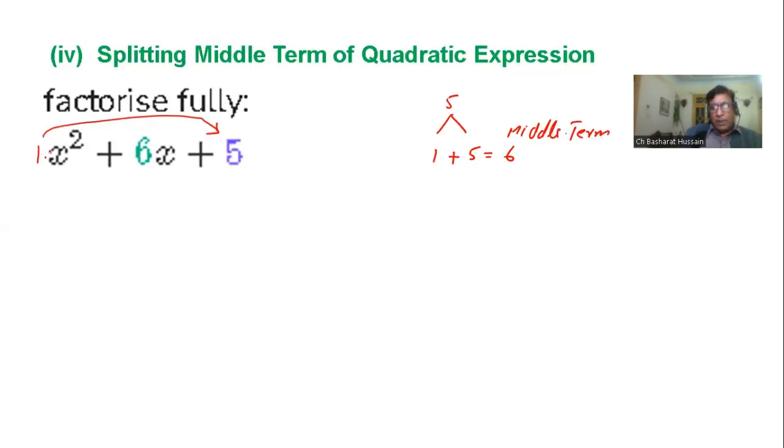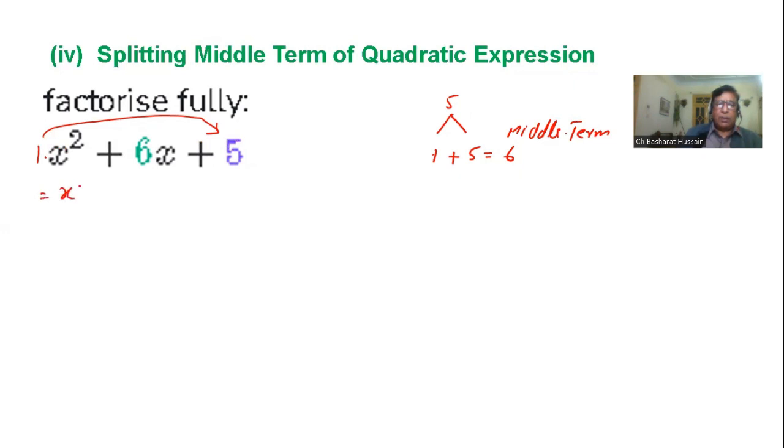I repeat: multiply the coefficient of x square with the constant number, which is 5, and then make the factors of 5, which are 1 and 5. When we add 1 and 5, we get the coefficient of x.